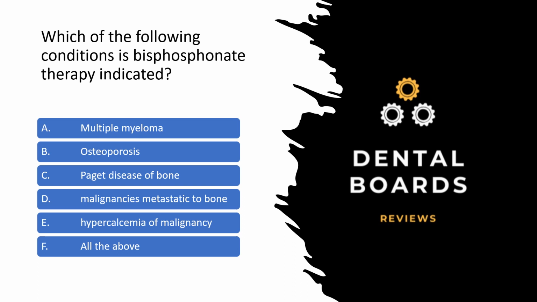F, all of the above. Okay, so all these conditions are indications for bisphosphonates. Okay, so all these conditions can be treated, I wouldn't say treated, but managed with bisphosphonates. So our answer is F.